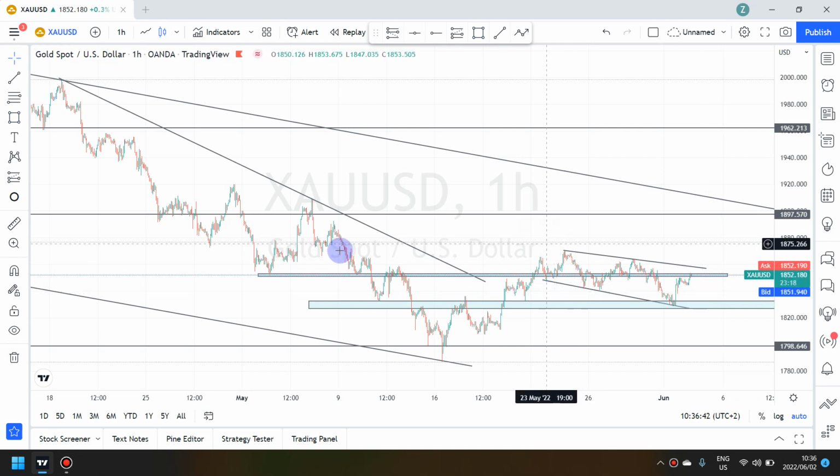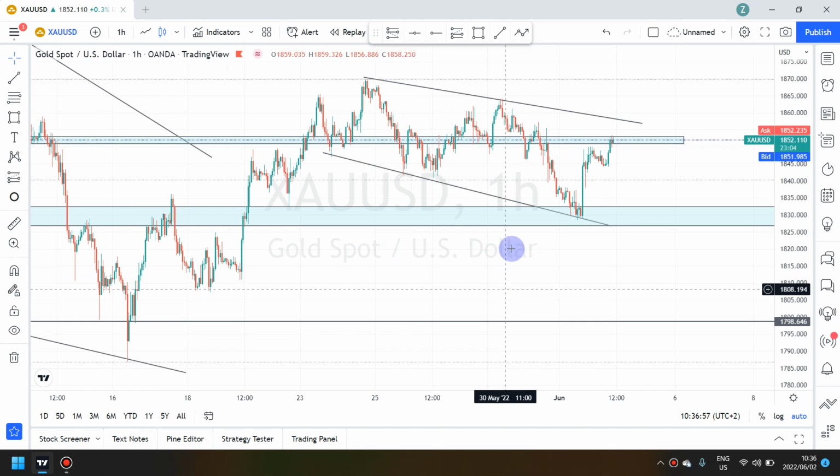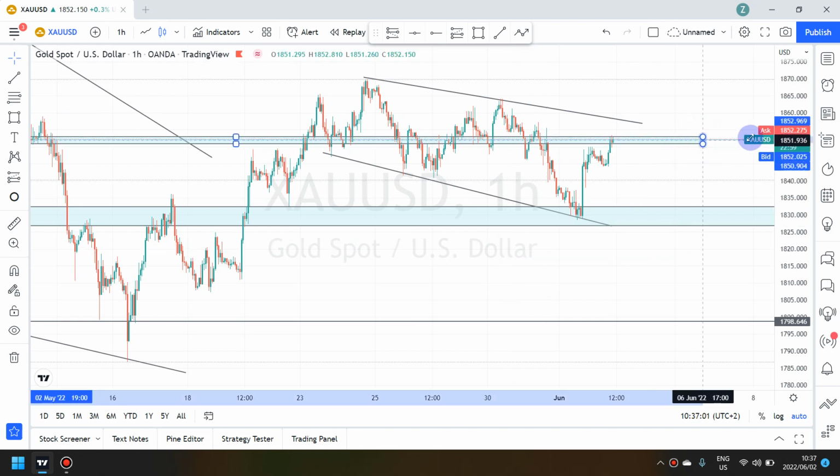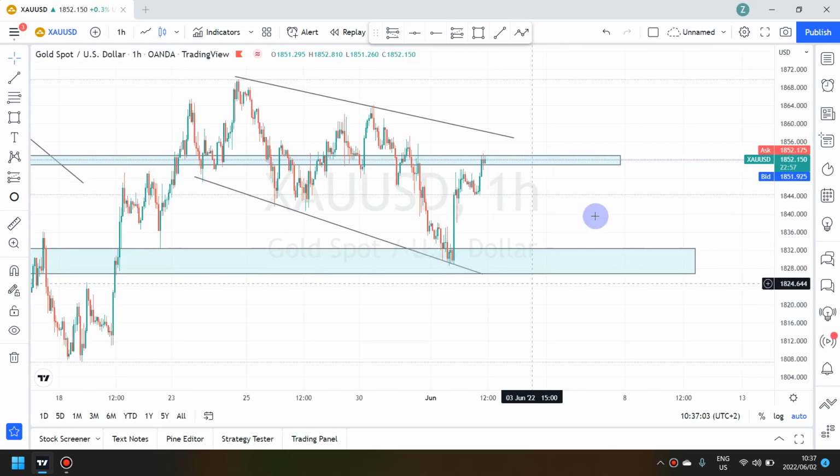Yes, I'm also seeing that as my zone. Okay, so these are the zones that I wanted to cater for before we further look for setups.